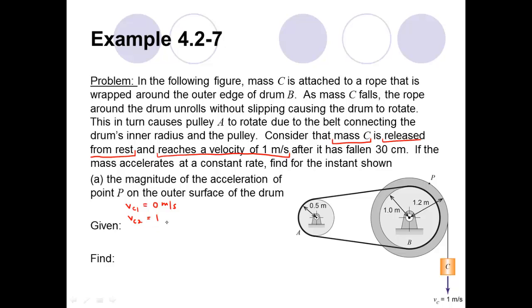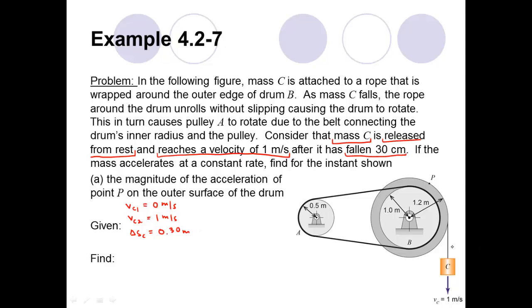So that's its velocity at state 2 after it has fallen 30 centimeters. So mass C displaces 30 centimeters, which is the same as 0.30 meters.